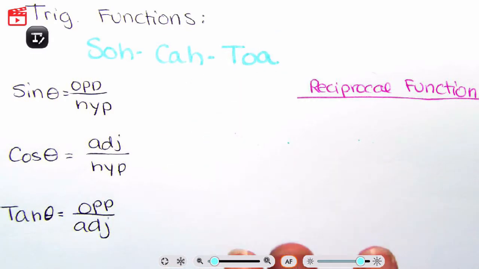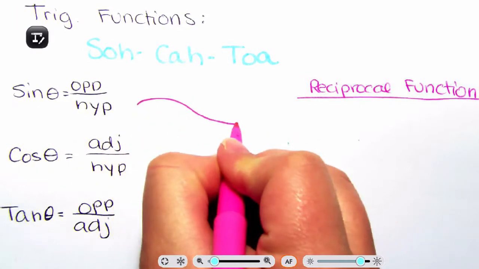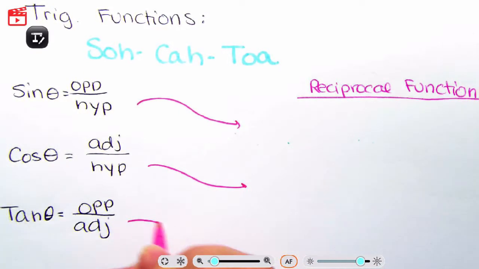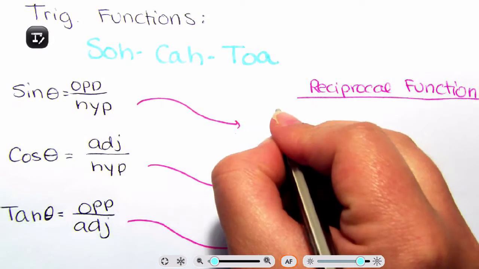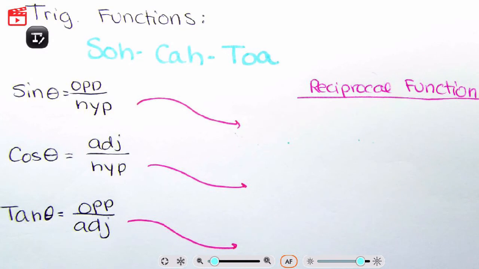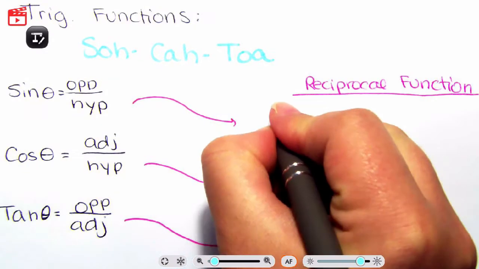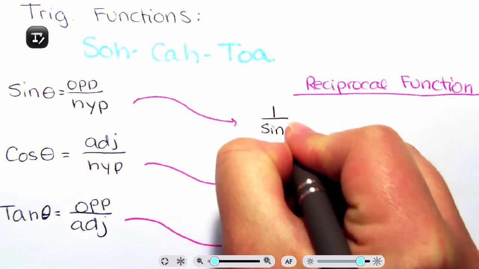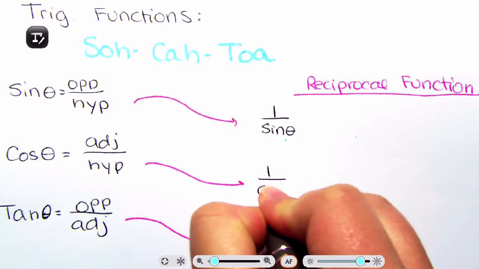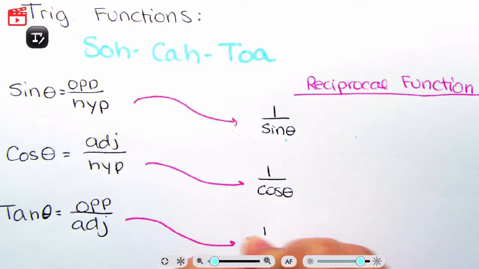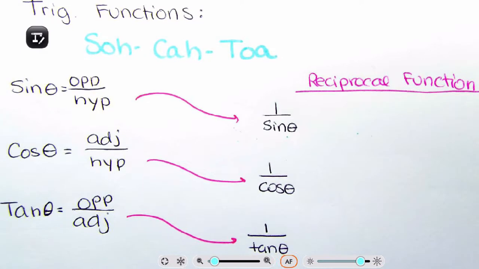So if I have 2/3, I'm flipping it. I have 3 on top, 2 on the bottom. So for my reciprocal functions, I'm going to just drop it down here a little bit. So for a reciprocal, 1 over sine of theta, 1 over cosine of theta, 1 over tangent of theta. So those are reciprocals, where we flip the fraction.